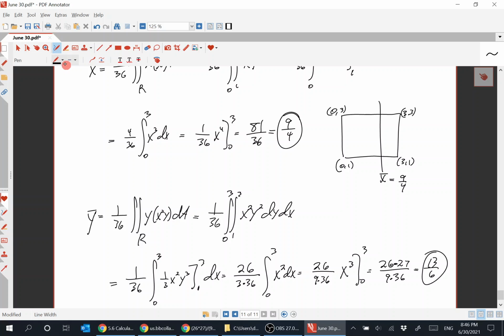All right, so here's the x bar is 9 over 4, and y bar is 13 over 6. So it's 2 and a sixth. So here's the x bar, y bar.